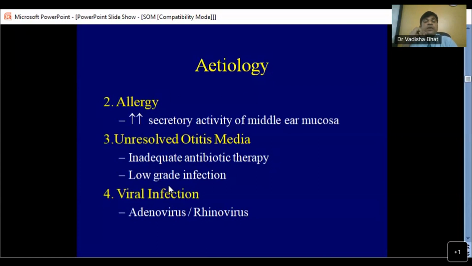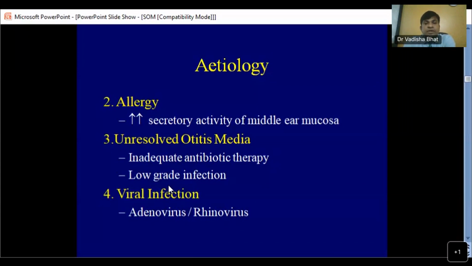The unresolved otitis media. In acute otitis media, we know the fourth stage is the stage of resolution. And if it fails to resolve completely, the resolution that happened because of the institution of treatment, either antibiotic, decongestant or anti-inflammatory medication, started, but after some time the resolution stops.